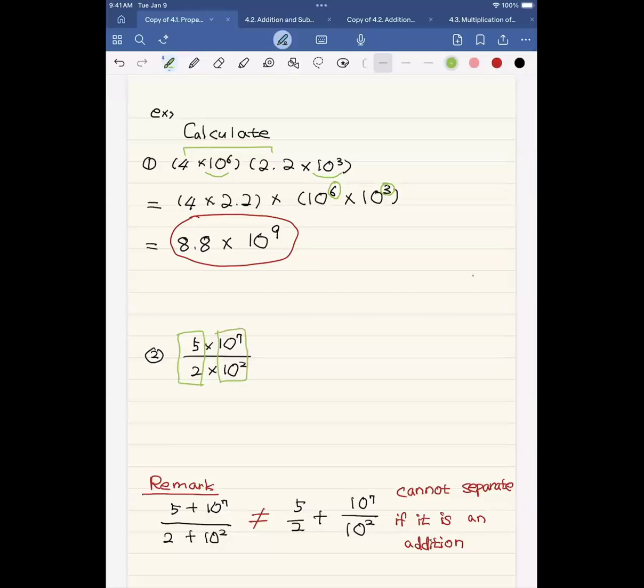So we will calculate like this: 5 over 2 times 10 to the 7th power over 10 squared.